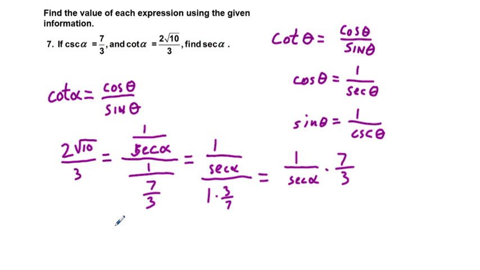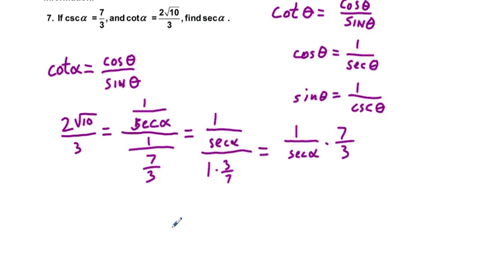So that's what that is going to be. And so we have 2 square root of 10 over 3 is equal to 7 over 3 secant alpha. Okay, so what we can do is a number of things.